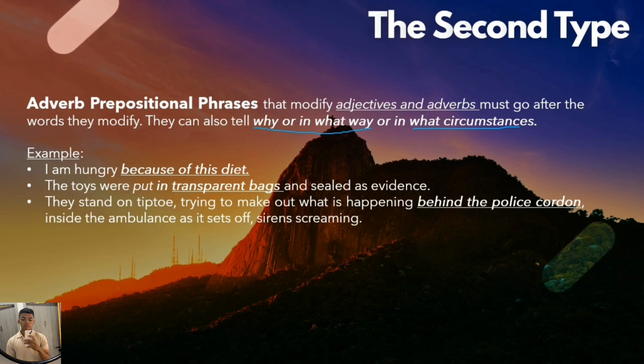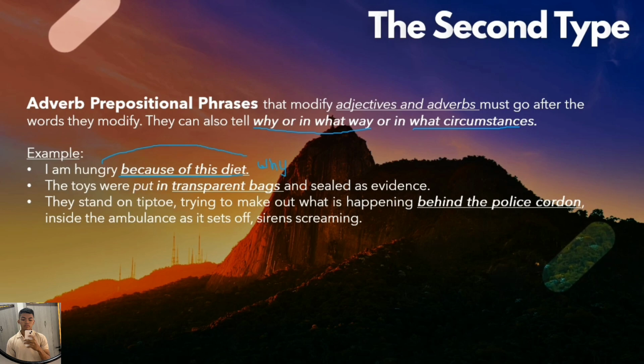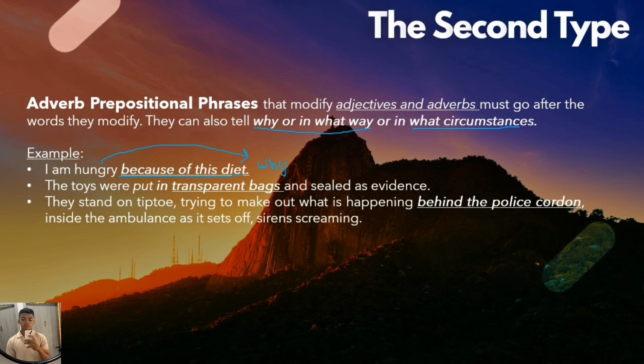"Because of this diet" tells why I am hungry. The second example: The toys were put in transparent bags and sealed as evidence. The prepositional phrase in the sentence above is "in transparent bags."